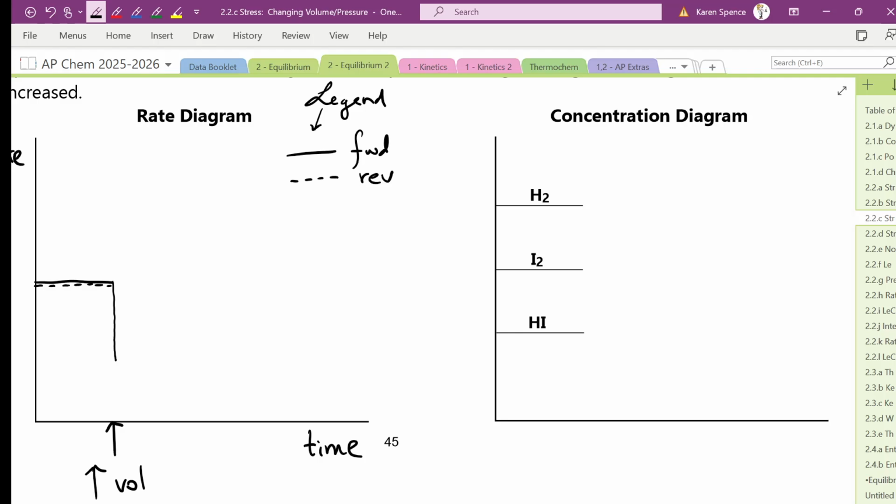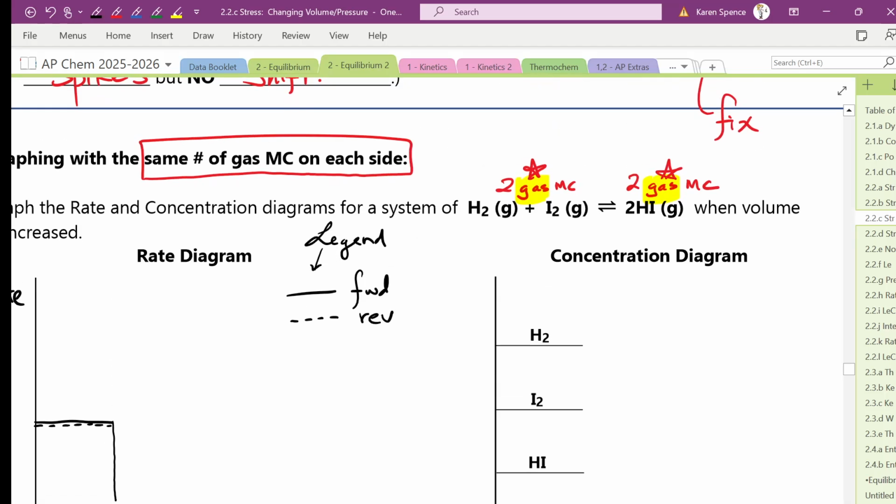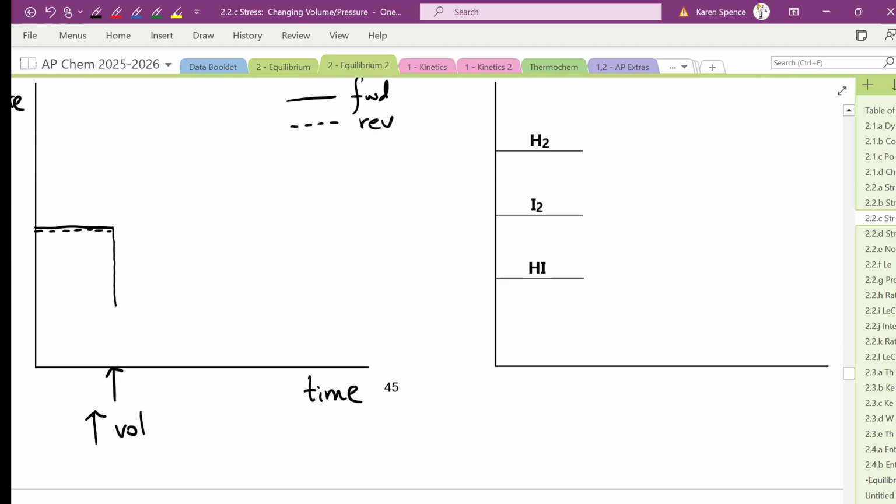What happens to our reverse rate? It drops as well for the same reason. Bigger space, fewer collisions. Does it drop by more? Does it drop by less or by the same amount? Same amount because we have the same number of gas molecules on each side. So it drops by the same amount.